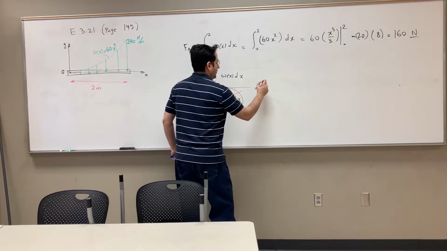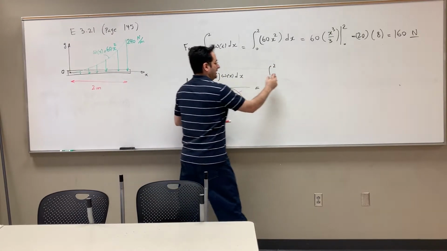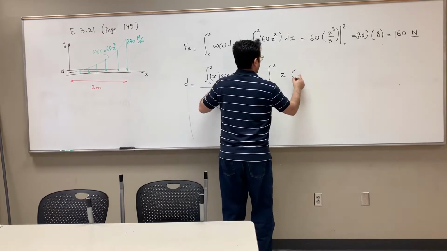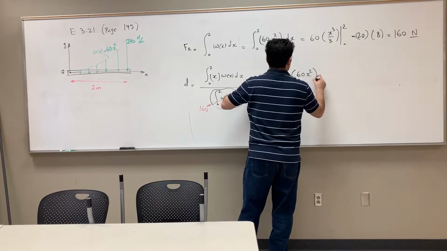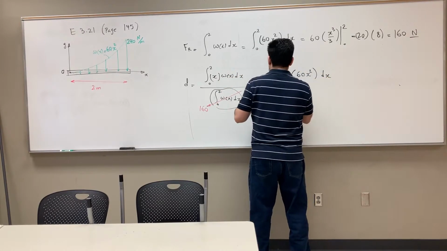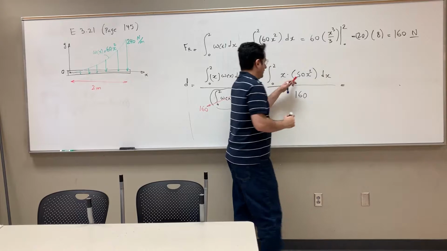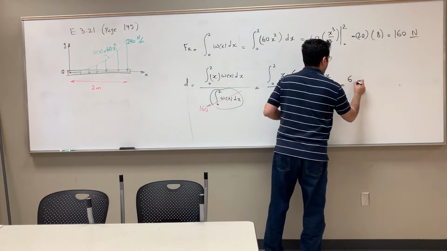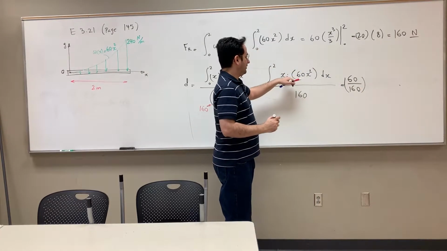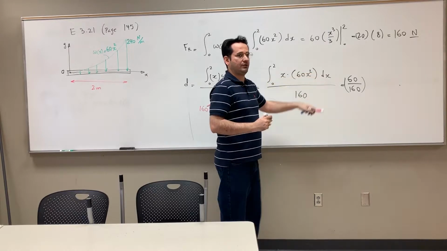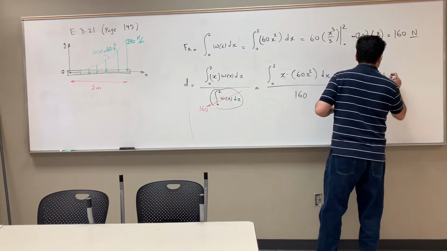So what's the top? The top is integral from 0 to 2 of x times, don't forget the x, x times omega x. Now omega x is 60 x squared, and then dx, divided by 160. So take out this 60, so 60 divided by 160, and then you have integral of x to the third power, and that's going to be x to the 4 over 4 from 0 to 2.